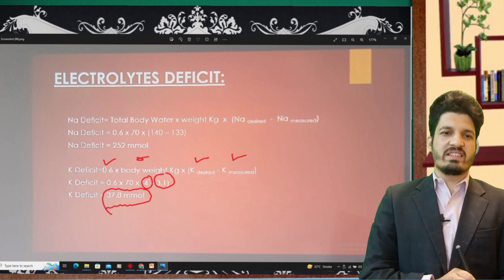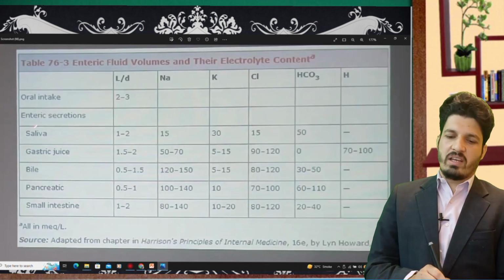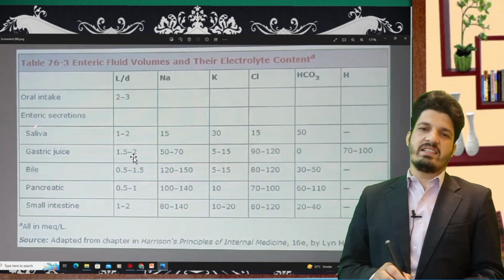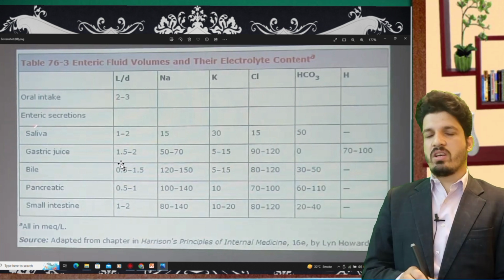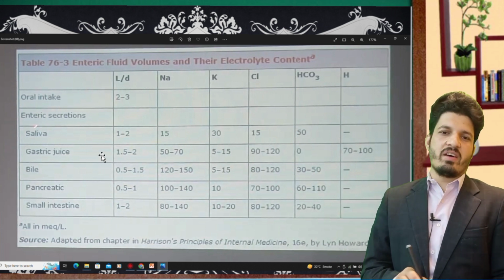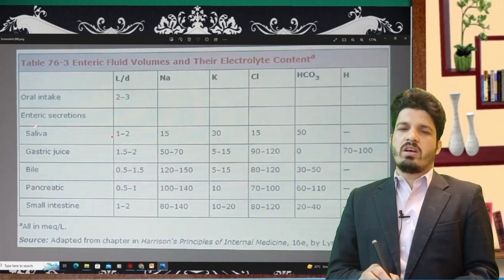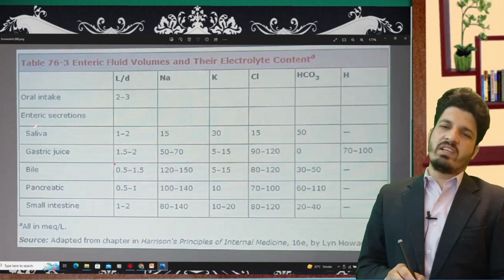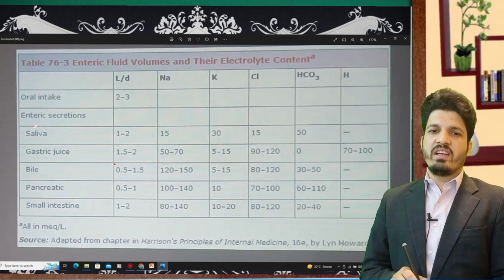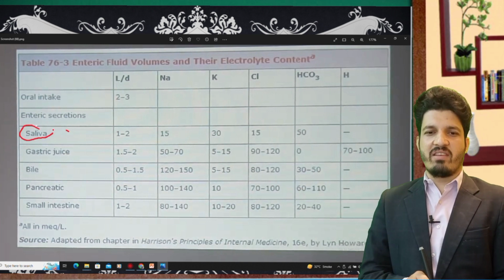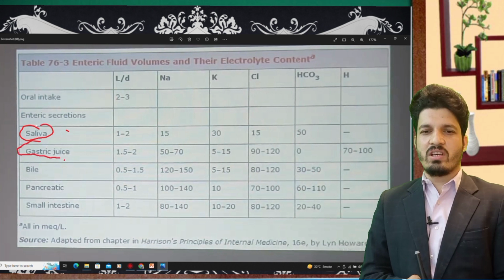Now moving towards the next slide, we can also use the crude method, that's the secretion method. Suppose I have put the NG in the patient, and he has lost 1 liter. Definitely in the NG only 2 things will be there: one is saliva, the other is the gastric juice.